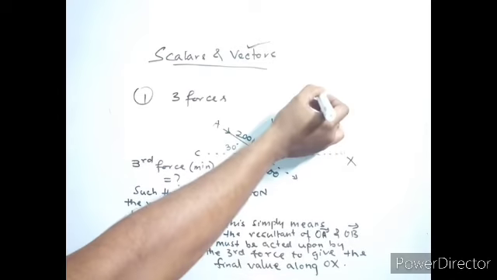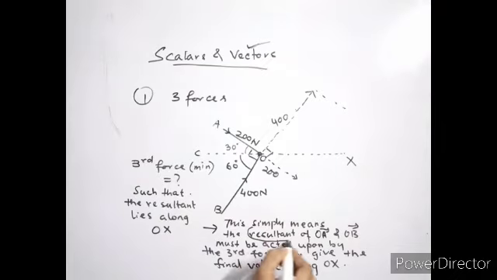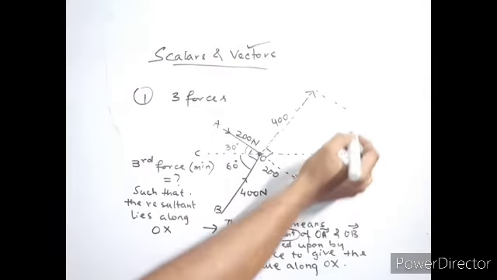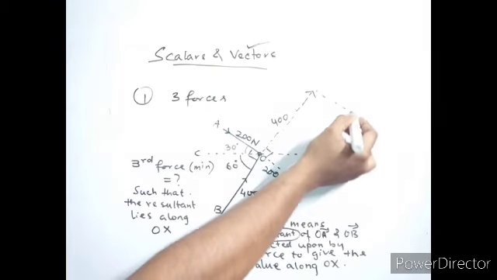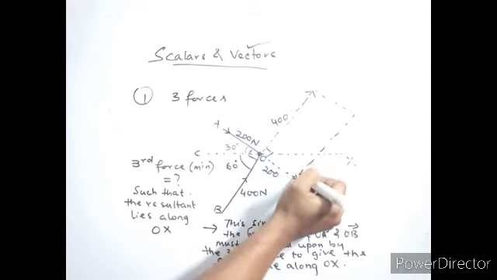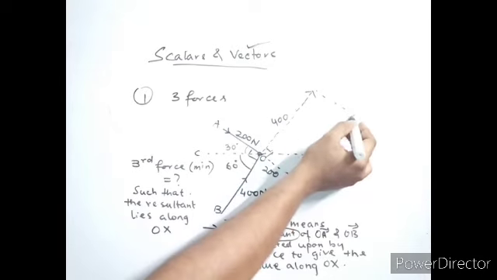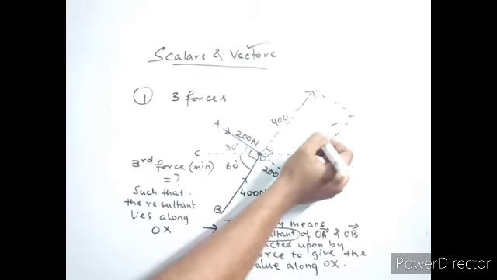Now this simply results in another vector, that is the resultant, and we can obtain it by parallelogram law of vector addition. Here the parallelogram is just a rectangle whose resultant is diagonally placed.